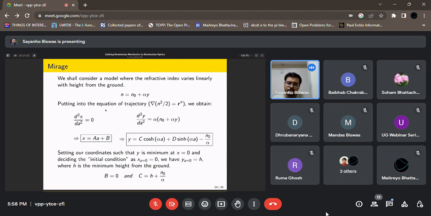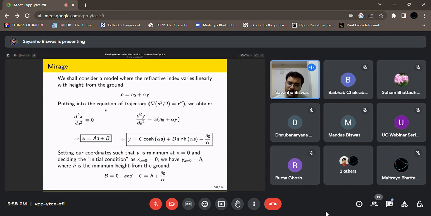Okay, so not much difference. But basically, now we try to set the initial condition. That is what is at hand. Setting our coordinates such that y is minimum at x equal to 0. Of course, y will have a minimum.